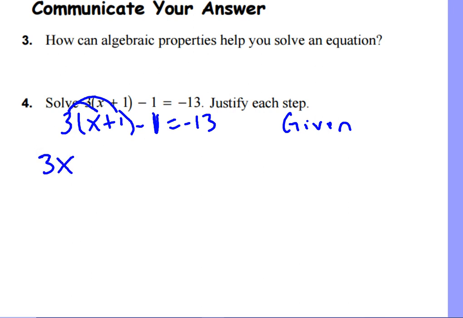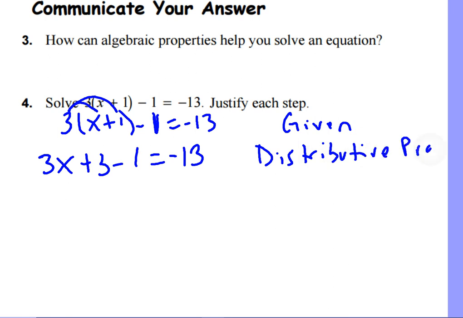So we have 3x plus 3 minus 1 equals negative 13. So I distributed, our distributive property. I want to go ahead and combine these like terms, so I get 3x plus 2 equals negative 13. And that's going to be a simplify.